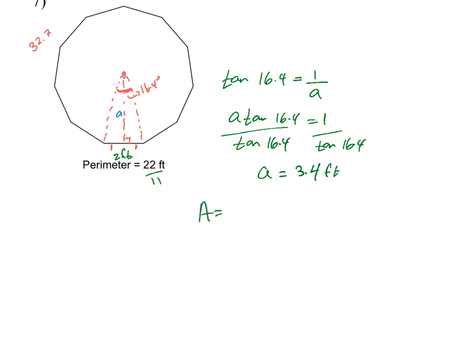Now my area equals 1/2 of 3.4 times 22. So this area equals 37.4 feet square. And that's it for this lesson. May the force be with you.